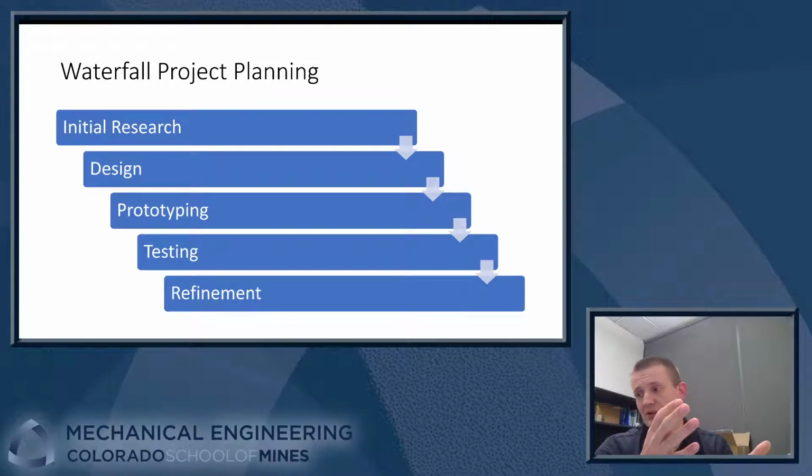We build the prototype, we do some testing. Usually we have to go back and do some additional refinement after that. And if you get stuck in any of these boxes, you go back to the drawing board, if you've heard that expression before, and you start over and work through the cycle until you get to the end when you have a finished product.